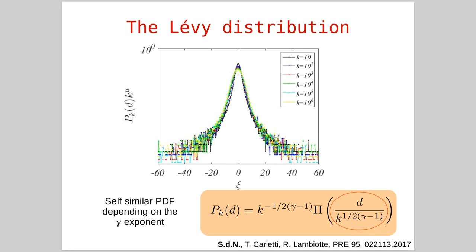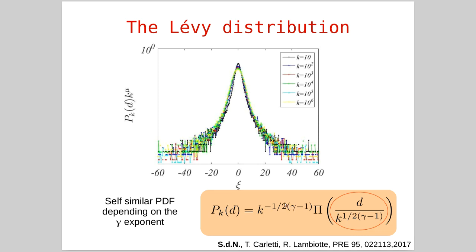Why? Well, the first thing we notice is that it is a self-similar object which depends on this gamma exponent, exactly as you would expect from a super diffusive PDF.